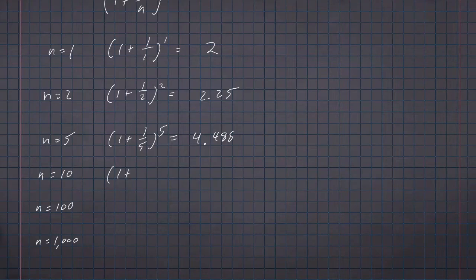So we have (1 + 1/10)^10, which my calculator tells me is approximately 2.594.